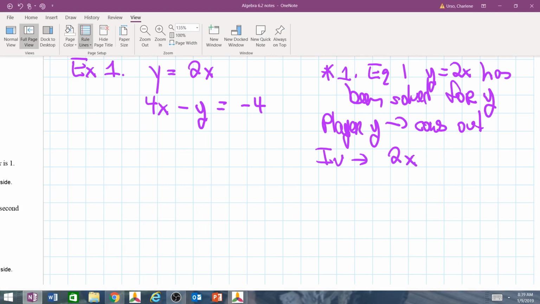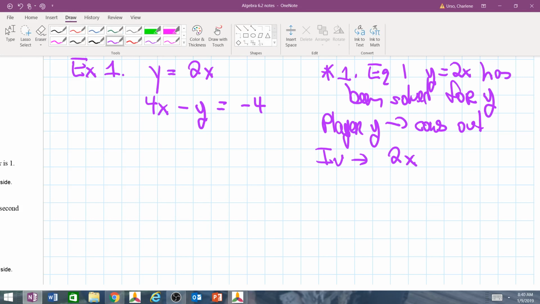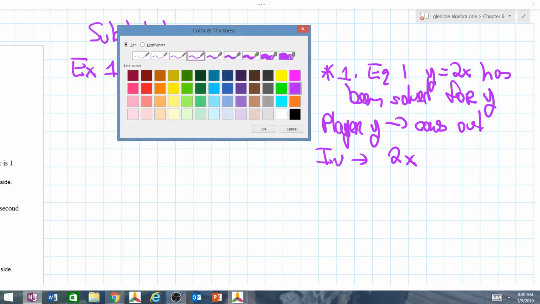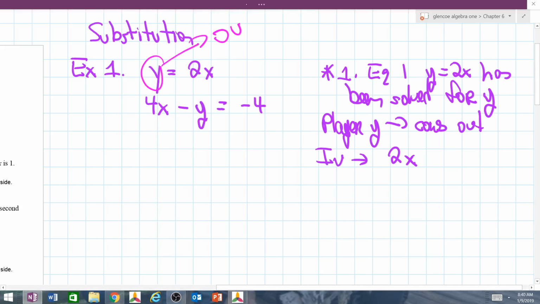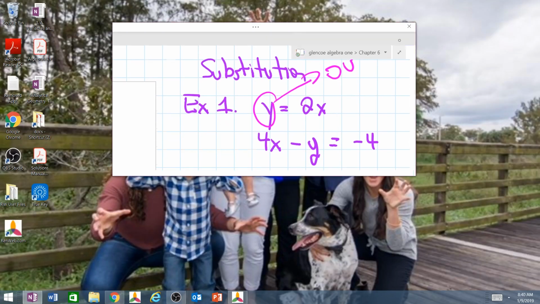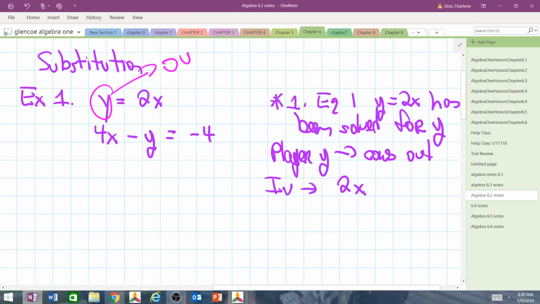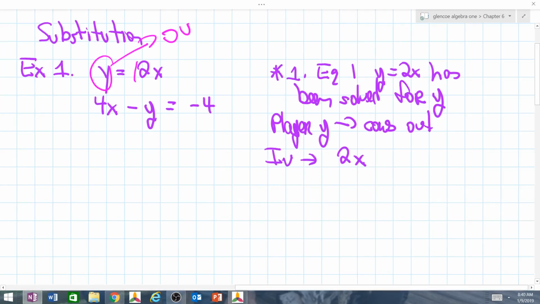Coach calls a timeout. How many people here have seen a basketball game or a soccer game where the coach might call a timeout, or one player comes out and another player goes in? Okay, good. So you're following me. Player y is coming out, and in his place 2x is going in.